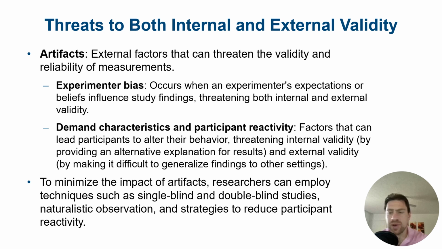So another type of threat to both categories of validity, internal and external, are artifacts. So an artifact is some external factor that can affect the behavior of the people in your study, which is, of course, a problem. Now, two types of artifacts are, one, experimenter bias, and this is when the expectations or the beliefs of the experimenter interfere with the study's findings.